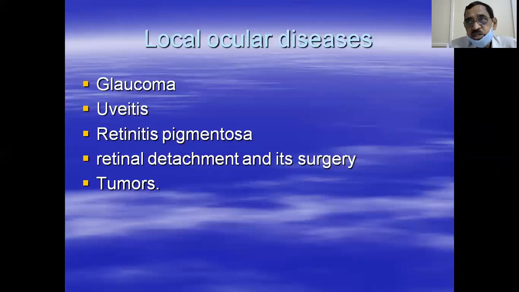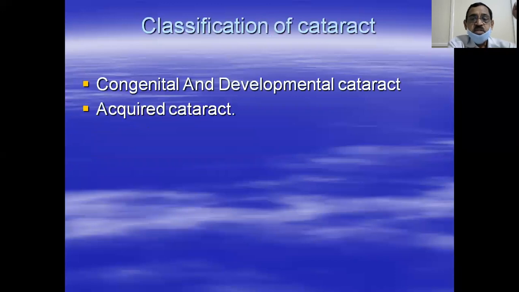Retinal detachment and surgery, be it a scleral buckling or be it the intraocular gases injection or silicone oil treatment, may be followed by cataract formation. And tumors of the eye, be it a malignant melanoma or retinoblastoma, can also give rise to the cataract formation. So classification of cataract again, it can be a congenital and developmental cataract or an acquired cataract.